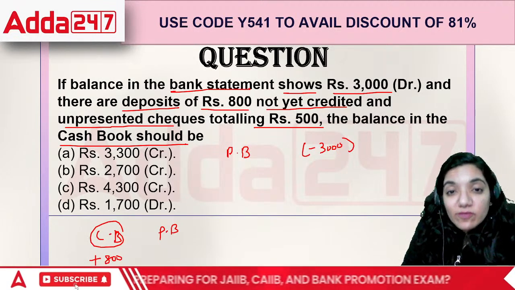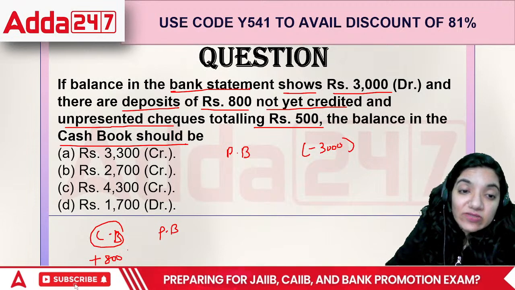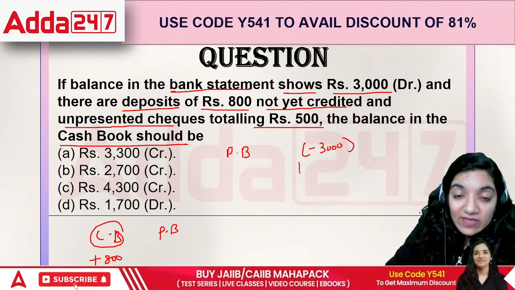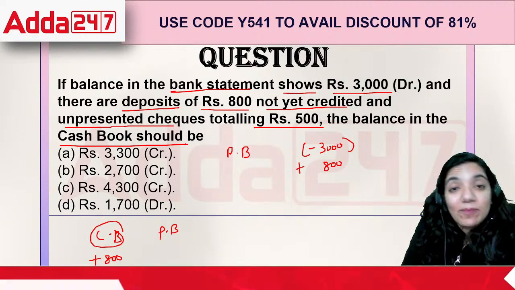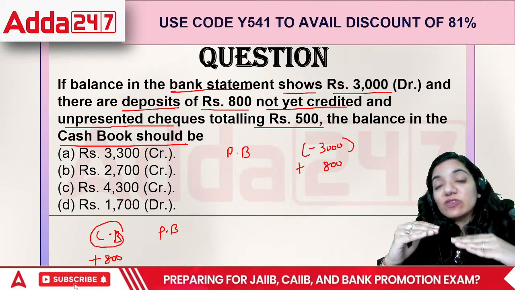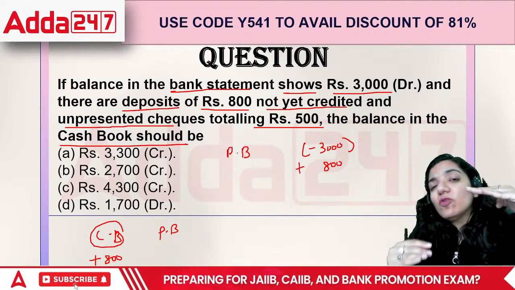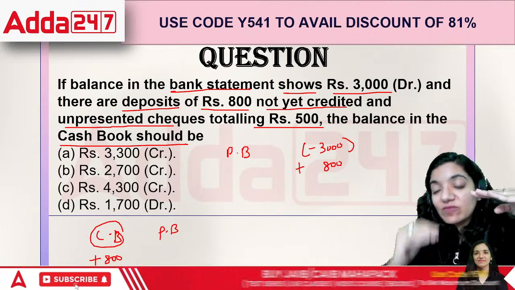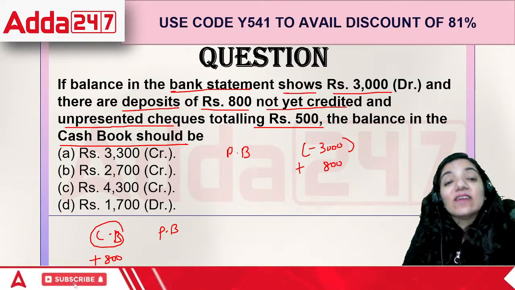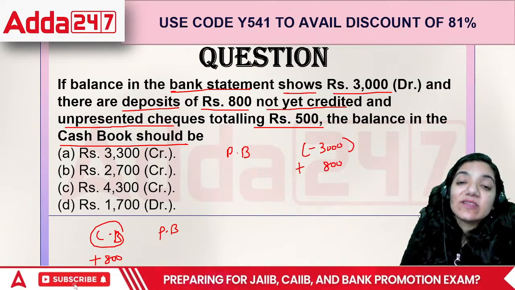Since we'll come to know whether they have credited the money or not, we'll be adding it up. Because the cash book says I have received money, the passbook says no, I have no clue about it. But we are trying to reach wherever the cash book is, so we'll be adding it up. Right? So that is what we define in terms of this.